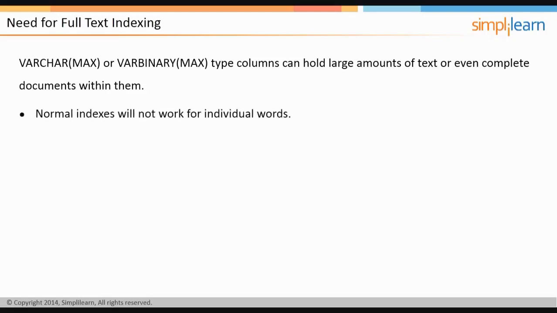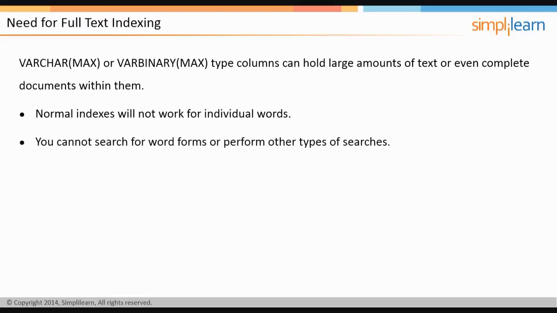The first problem is that normal indexing will index the value of the entire column, not of individual words within them. If you wish to find all rows that contain a specific word within it, there is no easy way of doing so, and even then, it is going to be extremely slow to run. The other problem is that you cannot search for word forms or perform other types of searches.